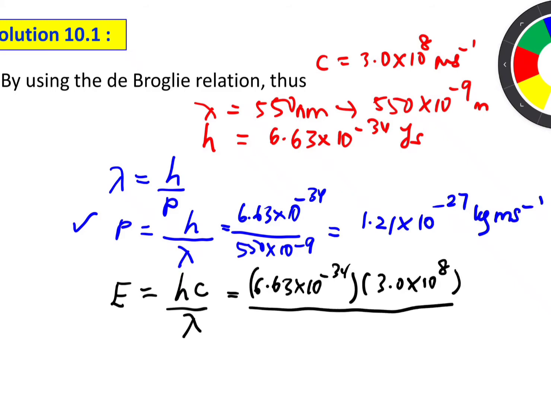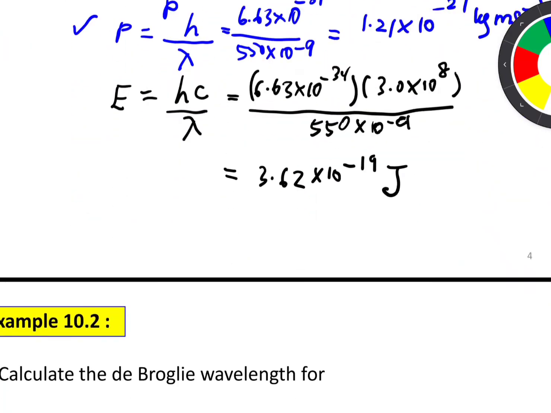Divided by lambda given is 550 power of negative 9 meter. Okay, so you get the answer is 3.62 power of negative 19 joule. Okay, senang je kan?